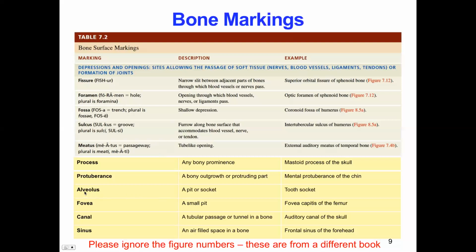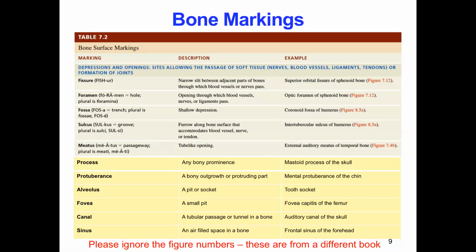Because, for example, alveolus or fovea. It says a pit or a socket versus a small pit. All right, I myself don't have that level of experience to know which one is a fovea or an alveolus. I have a feeling that if you become an expert in bones, so if you end up working with an orthopedic surgeon, for example, you specialize in bones, you're going to learn these different examples, and you would just know what they are because it's part of your job.